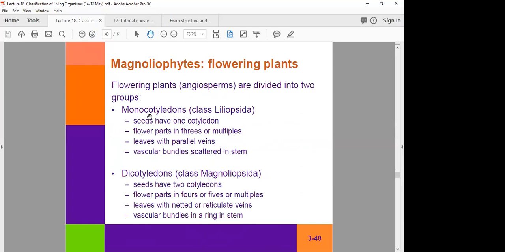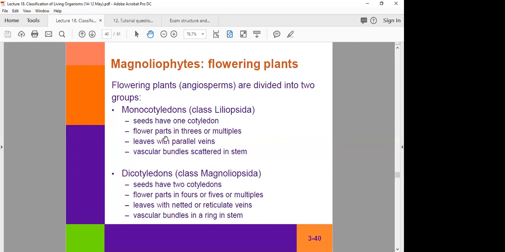So let's look at some of the characteristics for each of these 2 groups. Monocots, the seeds contain 1 cotyledon, otherwise referred to as the seed leaf. So really we're referring to the embryo within the seed, and that embryo develops one seed leaf or one cotyledon.